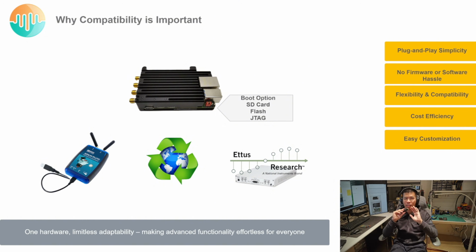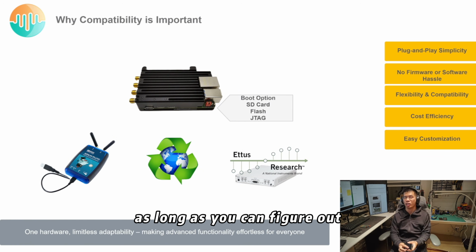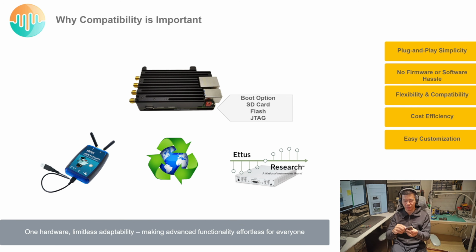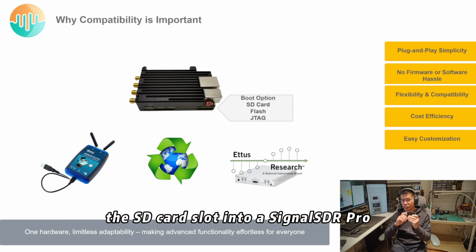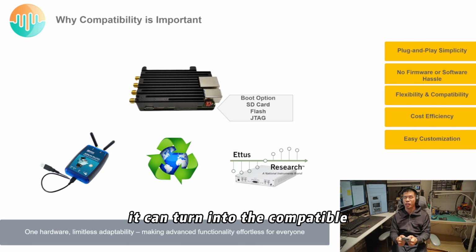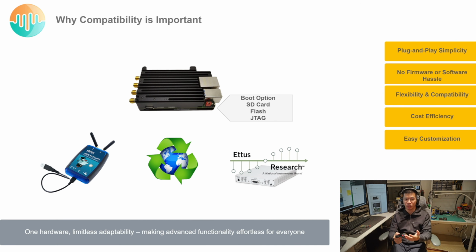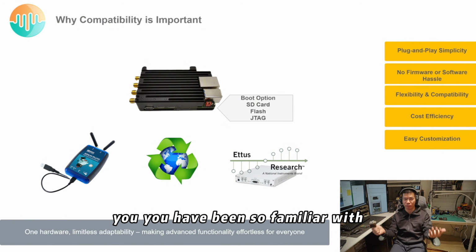And there are no limitations, right? As long as you can figure out how to run a firmware, put it into the SD card, slot it into a SignalSDR Pro, it can turn into the compatible SDR software that you have been so familiar with.